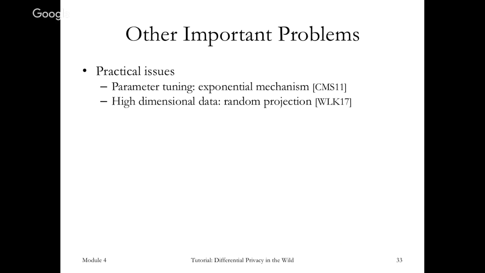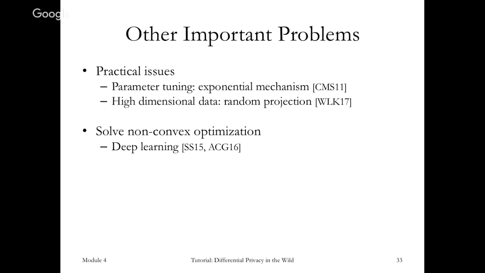In one work, they apply random projections to project high dimensional data to low dimensional. Another important problem is how to solve non-convex optimizations. One of the most recent works applies differentially private stochastic gradient descent for deep learning, but there are no theoretical results. And how about other applications, whether they can work really well? It's an interesting question.